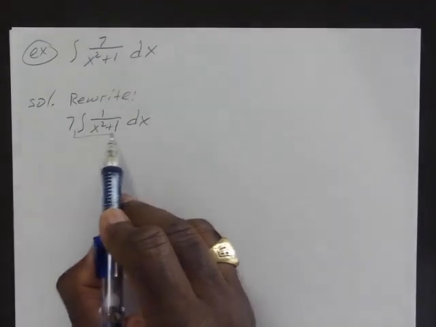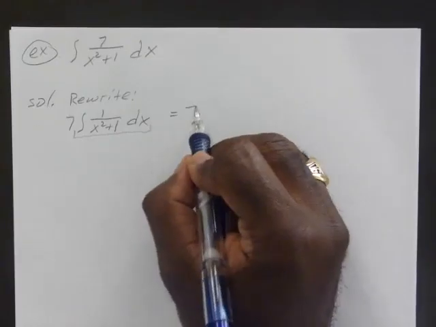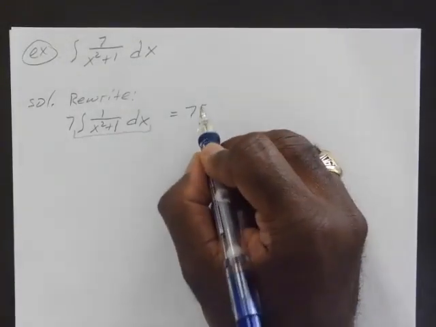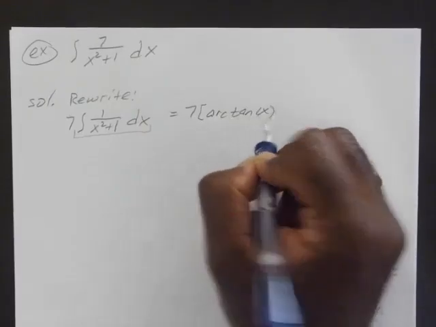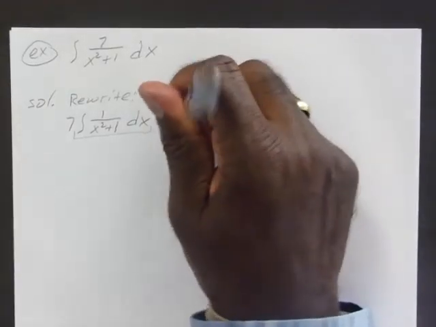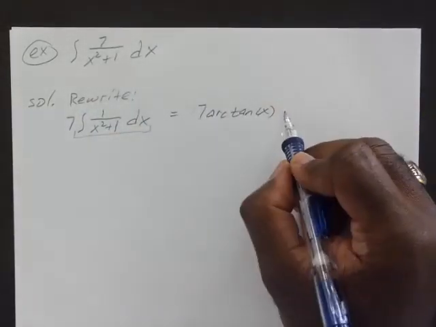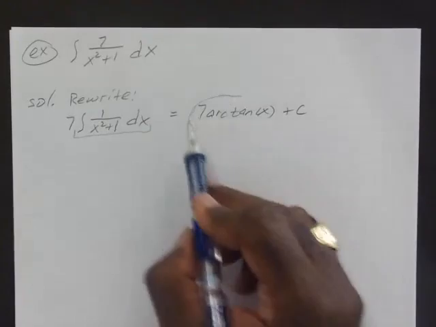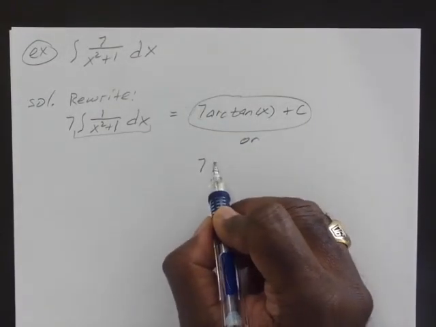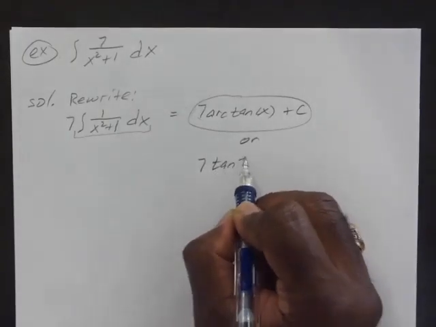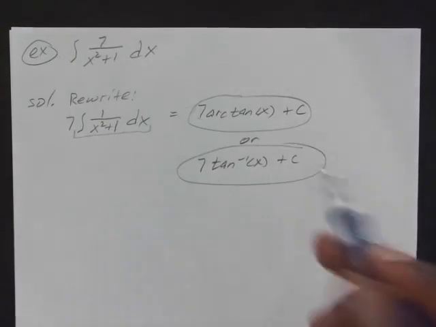So this right here is just your tangent inverse. That's just 7 times arctangent of x. And actually, you don't even need the bracket. You just multiply the 7 next to it. Plus c. Or you can rewrite that as 7 times tangent inverse of x plus c. Same thing, different notation.